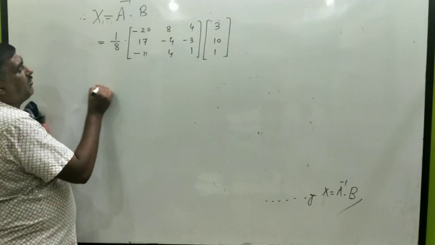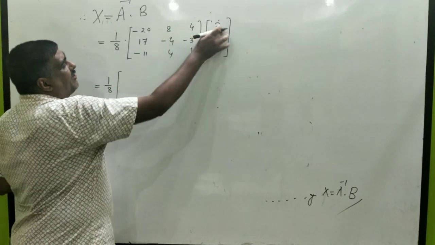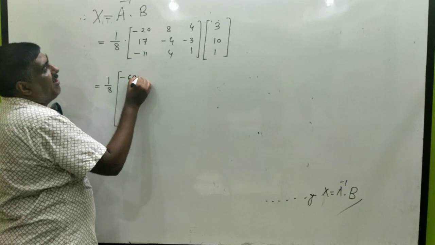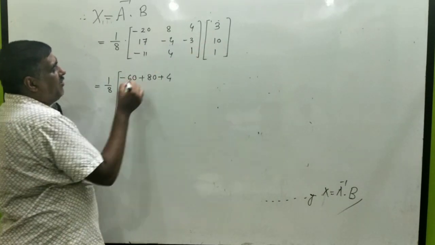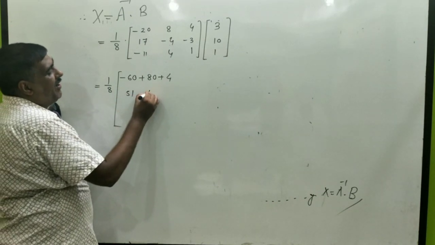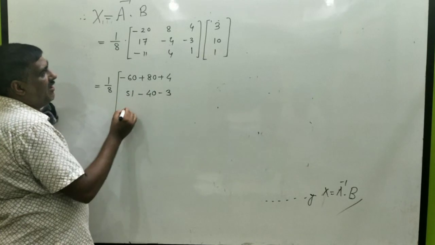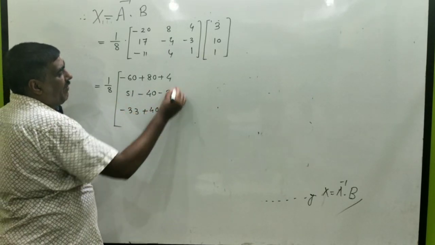Now look, first of all you have to multiply row by column: this into this, minus 60 plus 80 plus 4. Row 2 column: 3 times 17 is 51, minus 40, minus 3; minus 33 plus 40 plus 1.